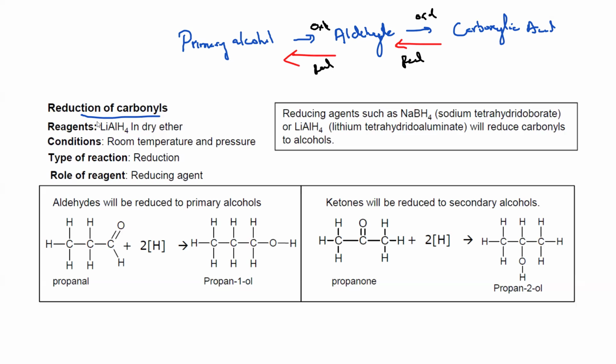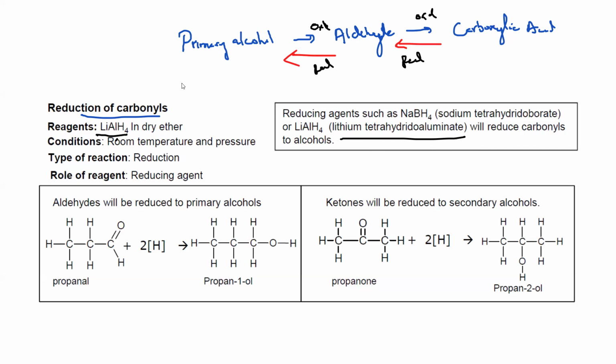For a reduction, we use a reagent which is lithium tetrahydridoaluminate, in dry ether. Ether is not a reactant here. It is the medium in which the reaction can take place. If you recall, when we have a halogenoalkane, we use aqueous potassium hydroxide and alcoholic potassium hydroxide.